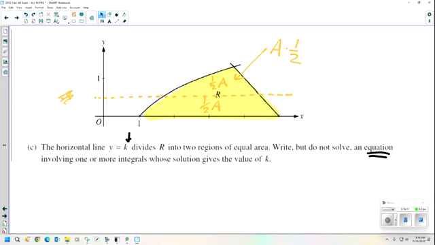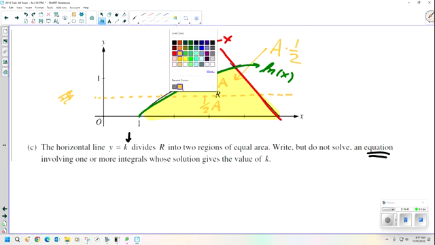Let's keep in mind my red line is 5 minus x. My green line here is ln of x. Oh, and let's label this k.